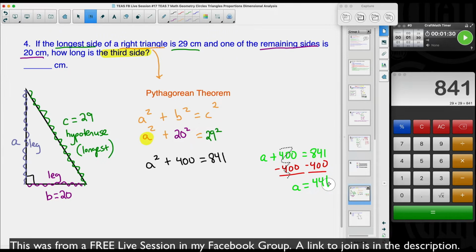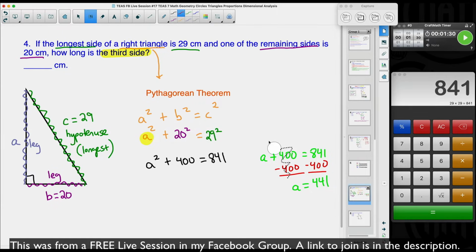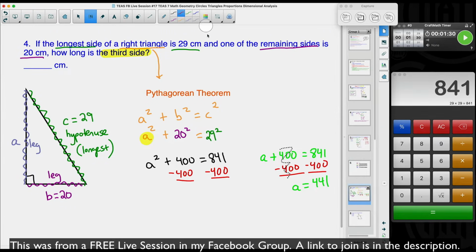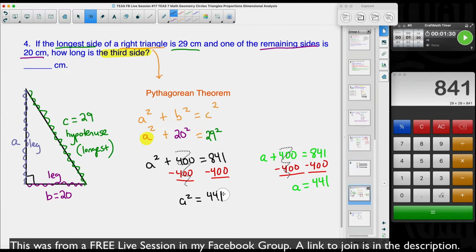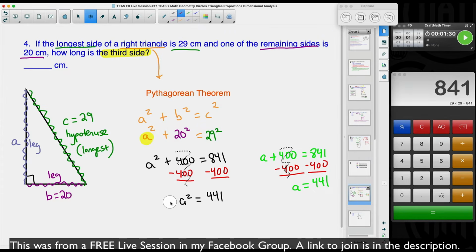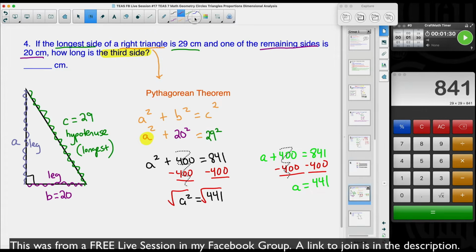And I do see some of these answers coming in. So, you take the same logic. We're going to subtract the 400 from both sides, but it's not just going to be A equals. It's going to be A squared. So, A squared equals 441, and most of us probably don't know that off the top of our head, so this is where you can take the square root of both sides to get that A by itself.